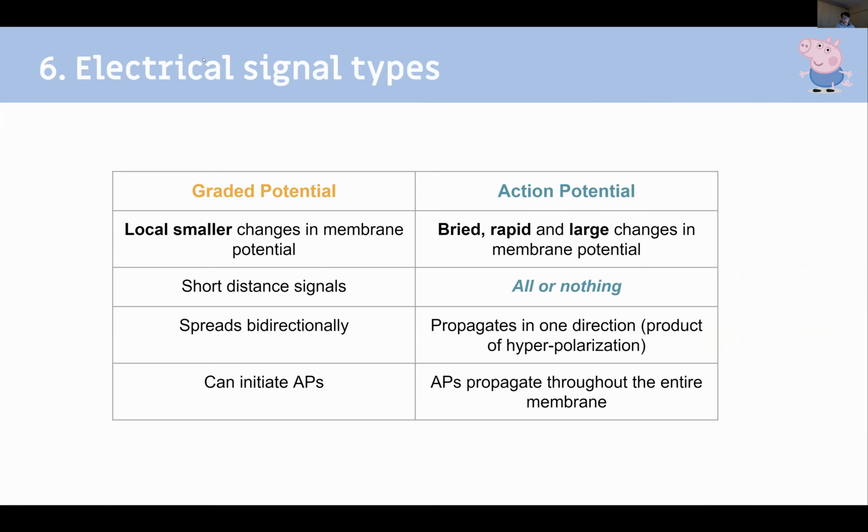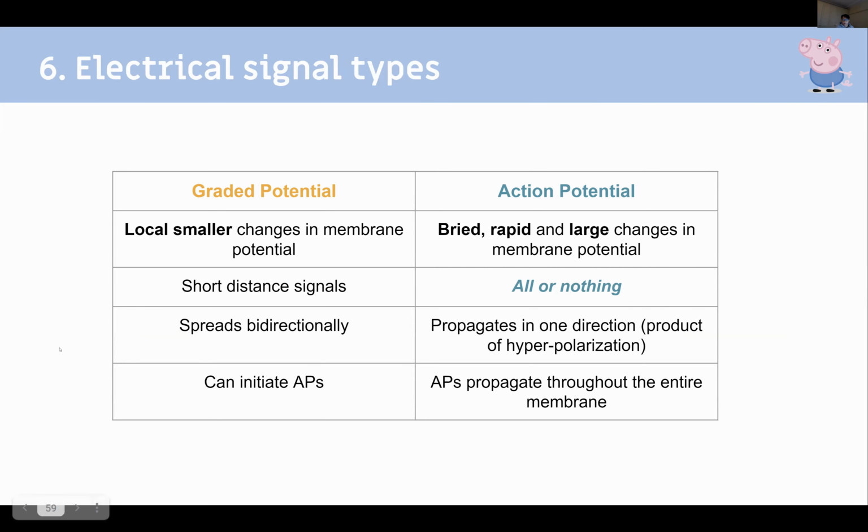Finally, we also have two different electrical signal types. We looked at action potentials, but we also have graded potentials. Graded potentials are local, smaller changes in membrane potential, whereas action potentials are rapid, large changes. You can think about graded potentials as small, local, short-distance signals, whereas action potentials are all or nothing.